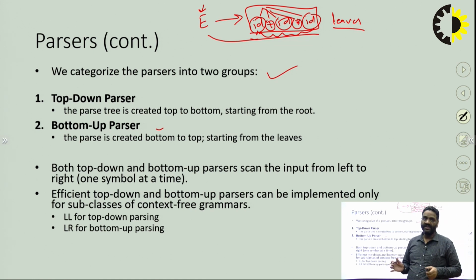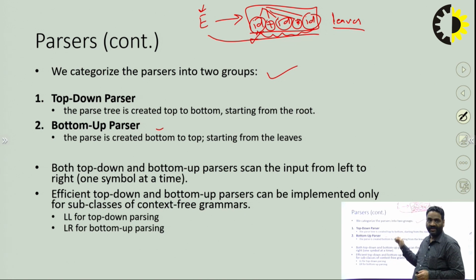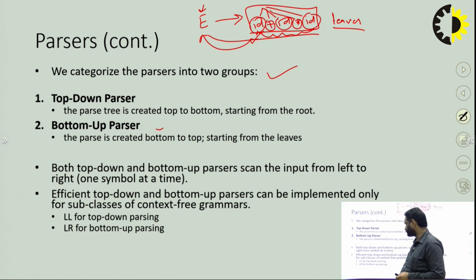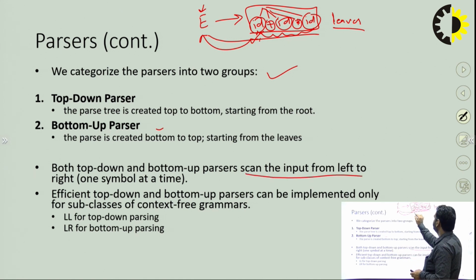It is just the reverse process of the previous one. It starts with the leaves and reaches up to the start symbol. So these are the two categories of parser. Both top-down and bottom-up parsers scan the input from left to right. That means first this, then this, then this.